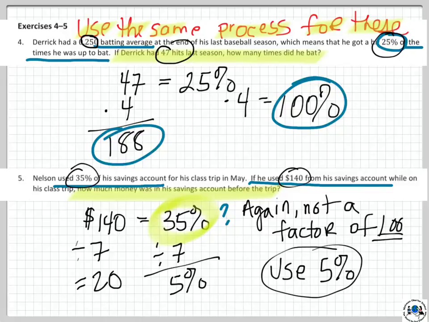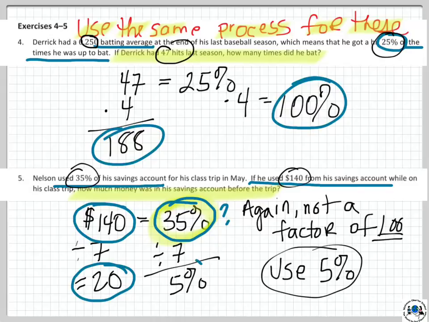So, just like we did before, $140 equals 35% is the same thing as saying $20 equals 5%. But now we can figure out what 100% would be. Before, with the 35, it was difficult.